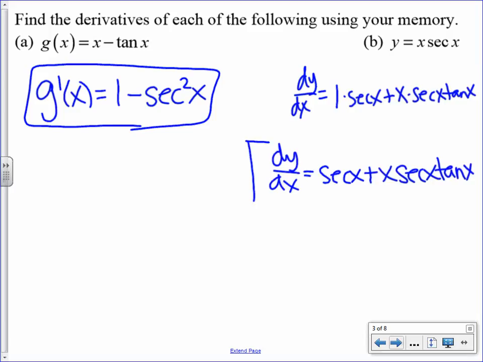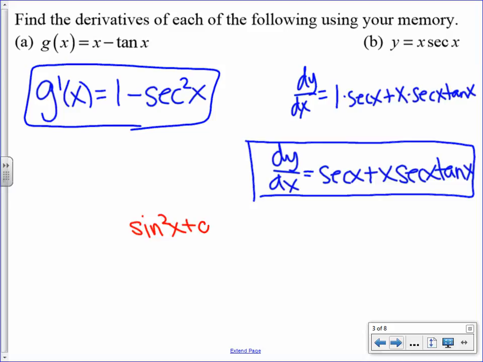You could take out a secant, and the book might do that. It's really not helpful because you can't use any of the properties that simplify from there. Is 1 minus secant x one of those special rules? Does it equal tangent x or tangent squared x? Let me help you remember our trig identities.